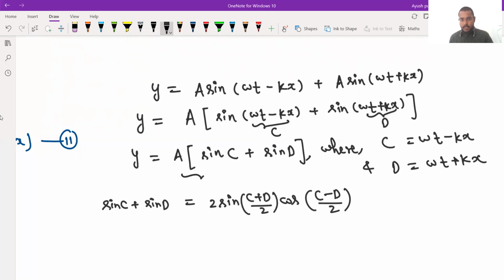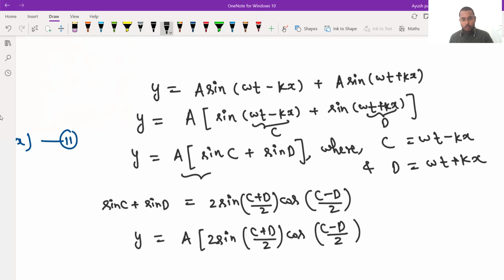Now apply this formula in this equation.